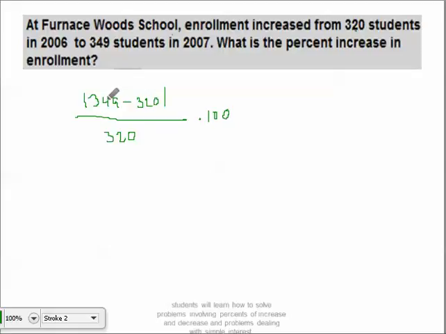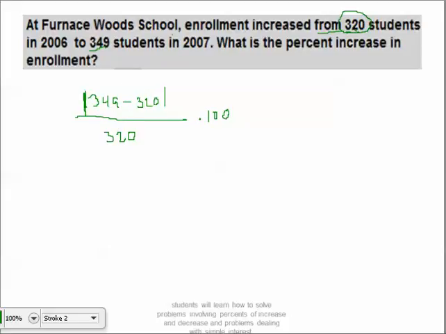Now, why did I take 349 minus 320? Well, I could have said it the other way around. Since it is an absolute value, it would have been exactly the same. This was the original value, though, wasn't it? It increased from this number to this number. So the 320 is the original value. That's why I'm dividing by the 320.